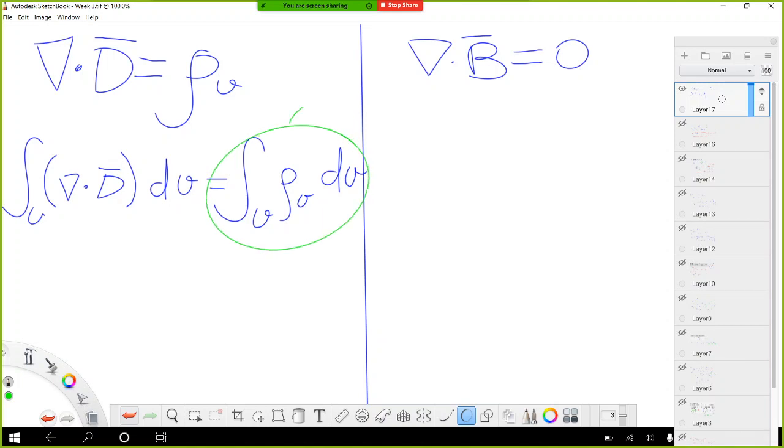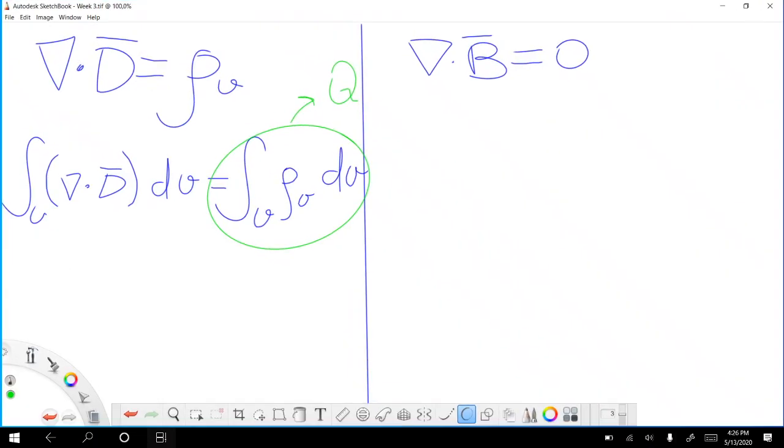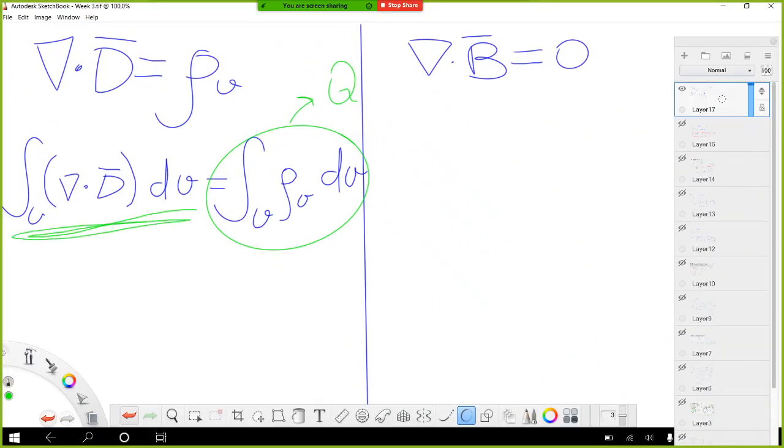This integral gives us simply the total charge Q. And in this integral, we apply, sorry, the divergence theorem.